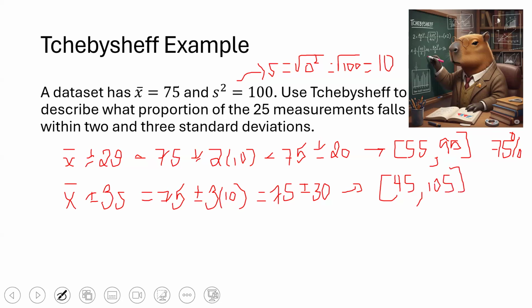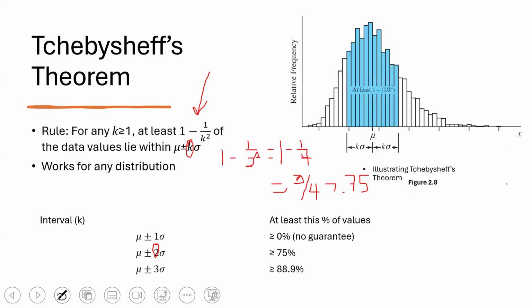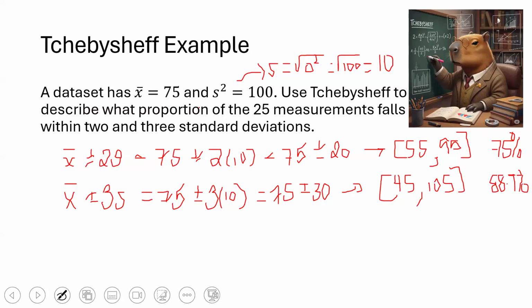So the interval from 45 to 105, we know that at least 88.9% of the data lies in that interval. Again, I'm coming right off of here, right? We already figured it out for 3, again, using this formula right up here. All right, so we don't have to know the shape of the data. These intervals give us guaranteed minimum coverage. That is a powerful tool.